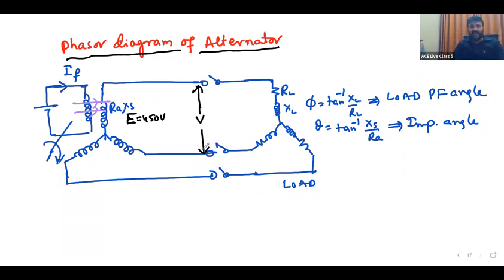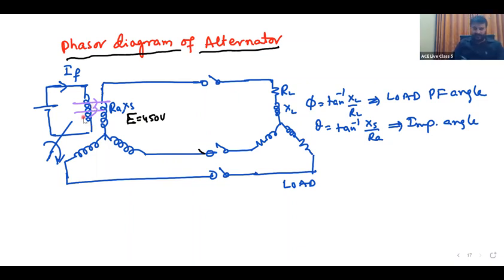In the no load condition, E and V are the same. Across the terminals you measure, both are the same. Under no load condition, there is no armature reaction and no armature current. The generated EMF is E, 450 volts, proportional to the main field flux, phi m.